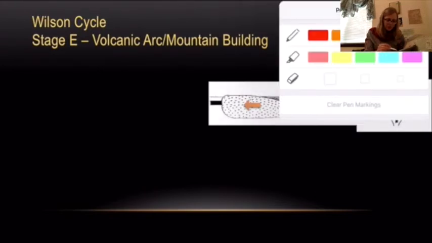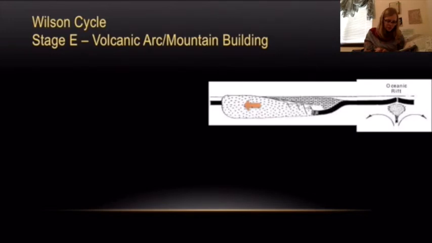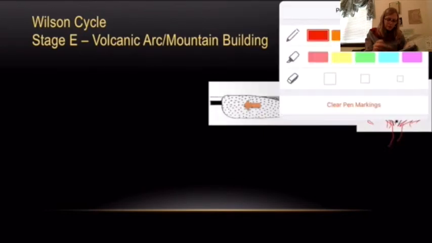All right, what's going to happen right here? Think about it for a second. Talk to each other. What's going to happen under stage C? It's going to just keep going. We're going to continue to have convection come up. All right.